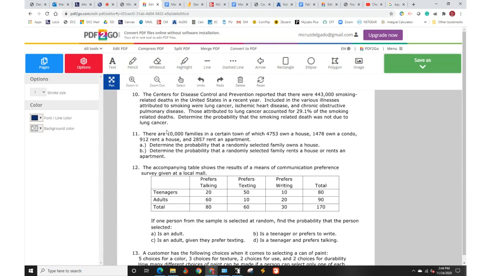So that's just simply 0.709, or 70 percent-wise.